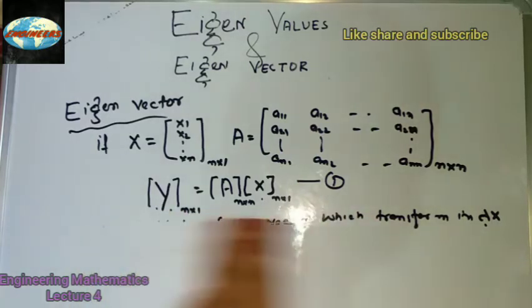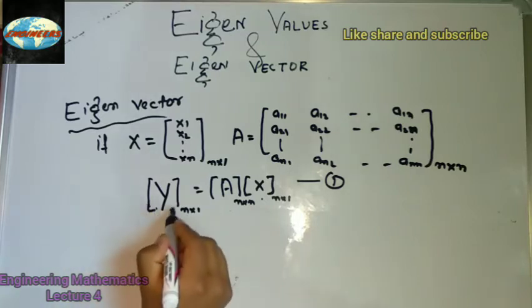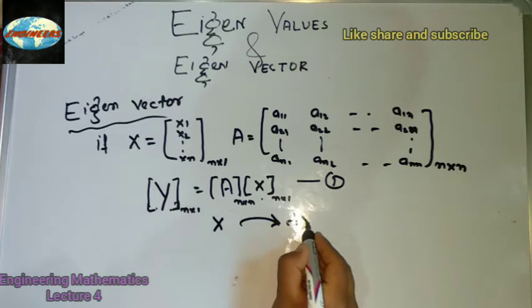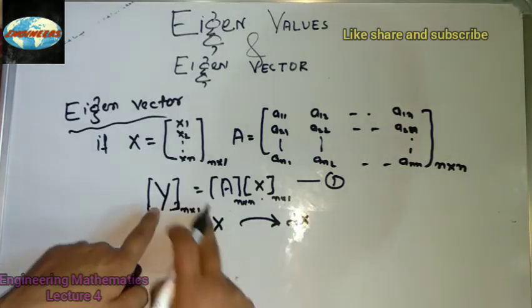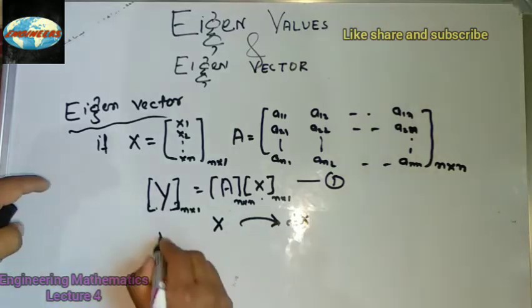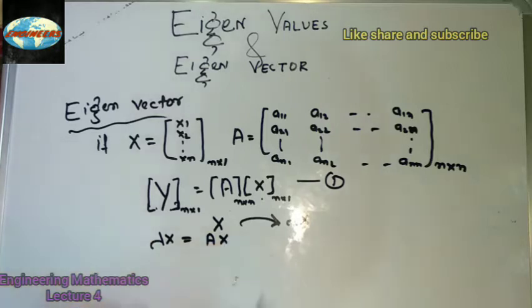Let me drop this one first. I told you that X is transforming into lambda times X, so lambda times X is equal to AX.